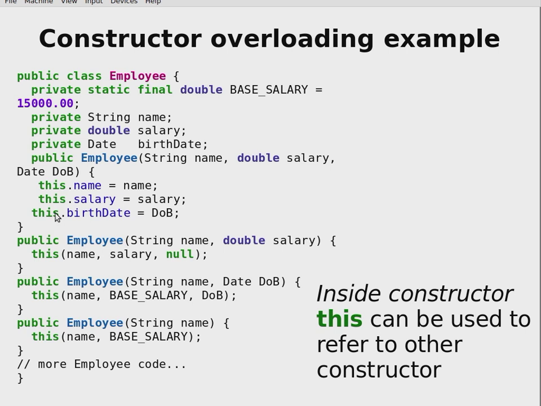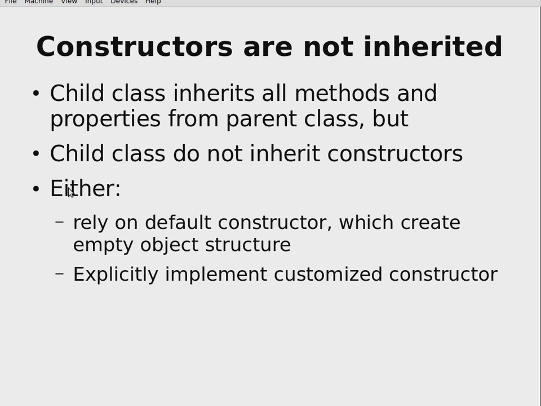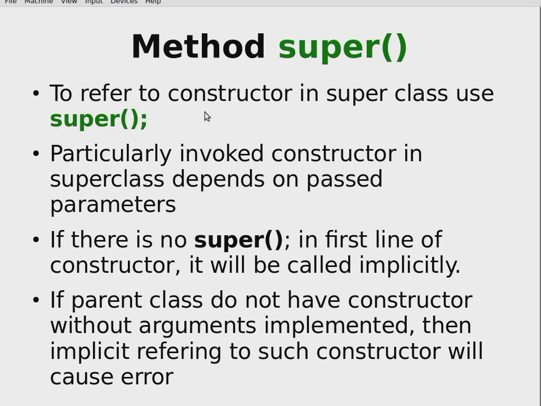This example shows quite nicely that the this keyword can be used in two different ways. One is to refer to the current object, this dot something, and this with an opened bracket means referring to a different constructor. As I told you, constructors are not inherited. If you want to inherit them, you create your new constructor and just call super with or without parameters.